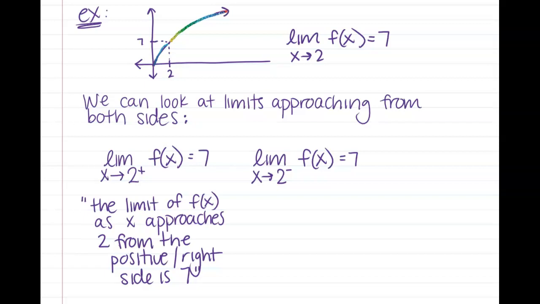And if you're thinking like, doesn't it always? We'll get to those examples. And in words, this one is the same as our other explanation, only it's the limit of f of x as x approaches 2 from the negative or left side in this case.